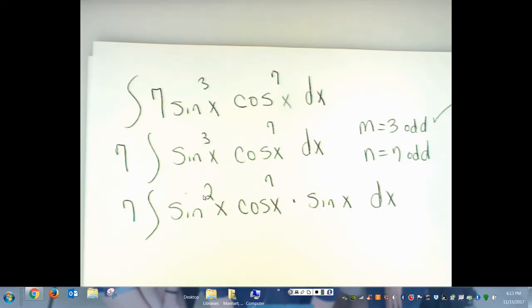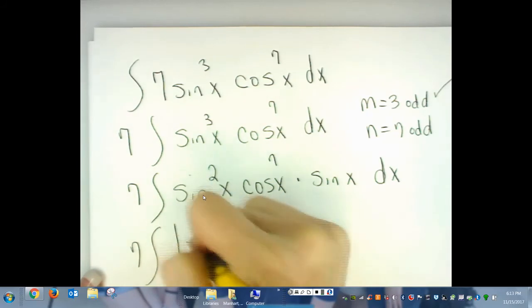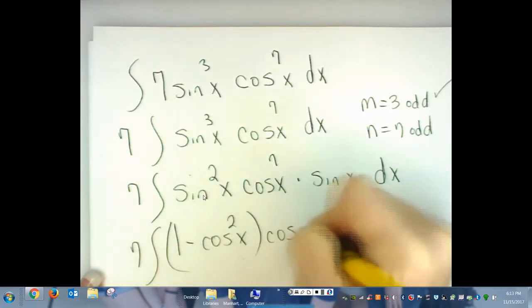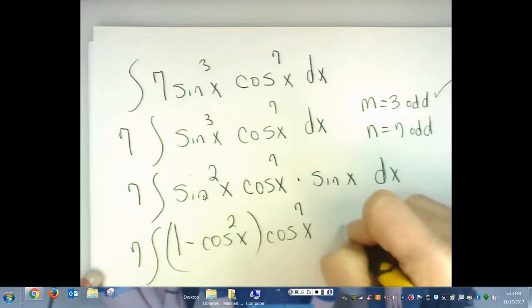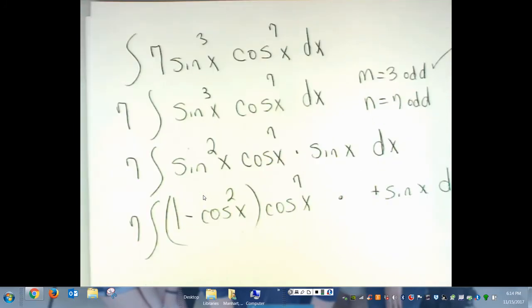For sine squared, it said use the relevant identity. That sine squared is 1 minus cosine squared. So this is going to be 1 minus cosine squared x in parentheses times cosine of x to the 7th power times, and that's a positive sine x at this point. There you go.